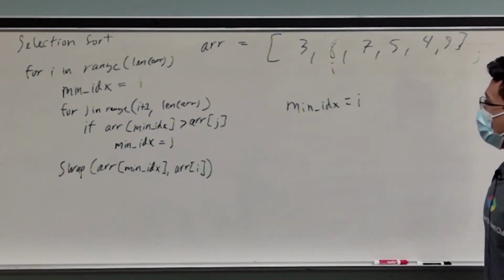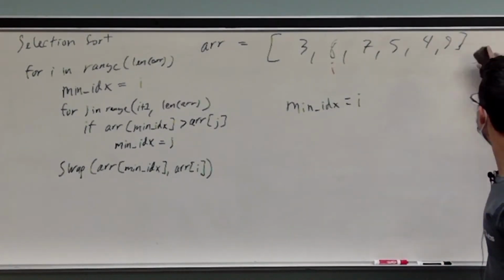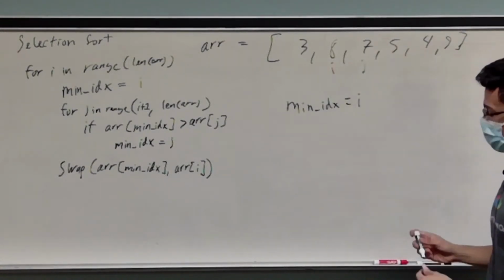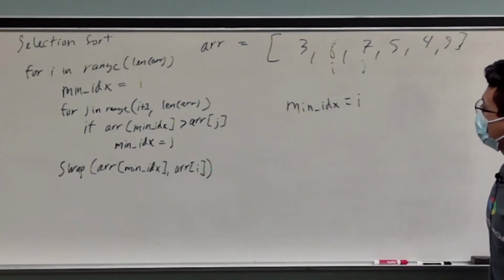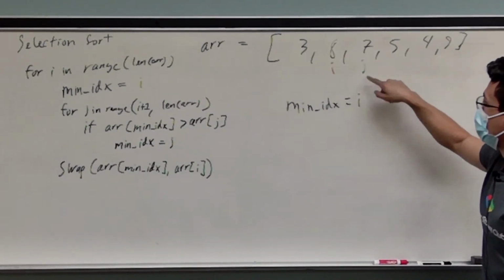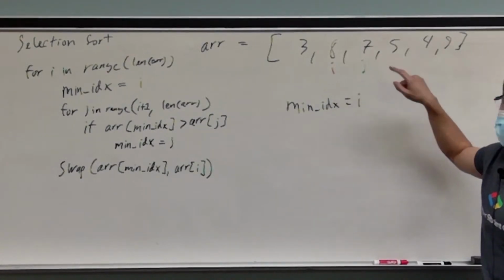Okay. And now we're here. We're doing the same thing. And J is back there. So now we have to compare J with min index, which is I. And this one's bigger, right?